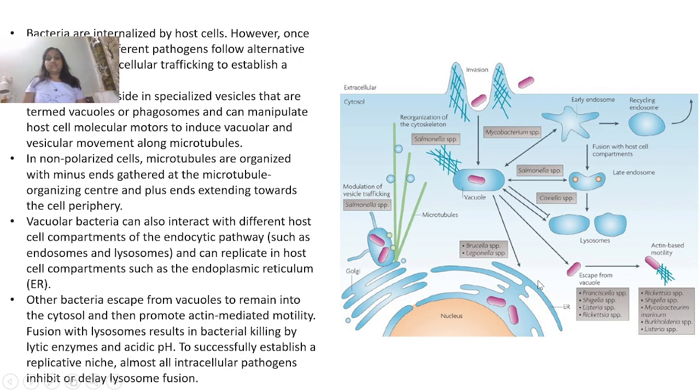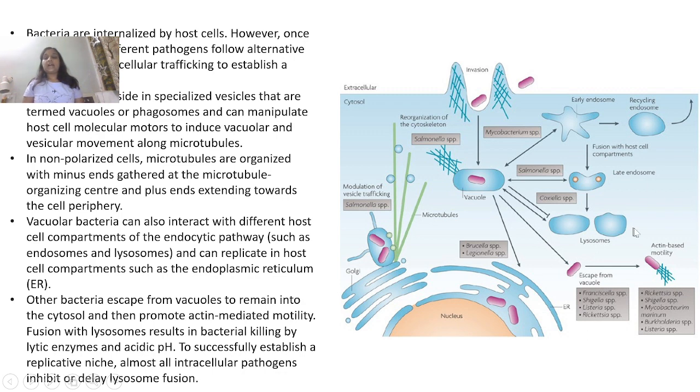So other examples are, here you can see lysosome. So the bacteria will want to avoid the lysosome because there are lytic enzymes present inside this lysosome which will kill the bacteria. So they want to escape from these lysosomes also. So to survive, almost all intracellular pathogens inhibit or delay lysosome fusion.